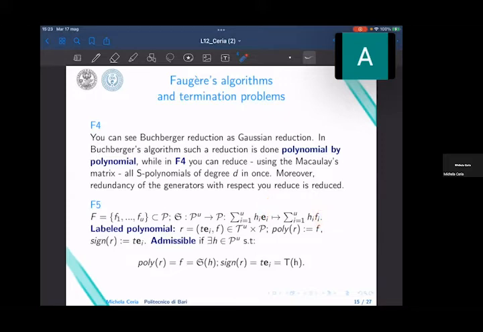We call a labeled polynomial a pair of the form (f, t_i), where f is actually a polynomial, and t_i is an element of T^u, where of course we can define an ordering that is compatible with that of polynomials. The signature of this labeled polynomial is exactly this element. We call it admissible if it comes from an element of P^u. So if there is an element h of P^u such that the image under the map is the polynomial and the signature is exactly the leading term of this element h.